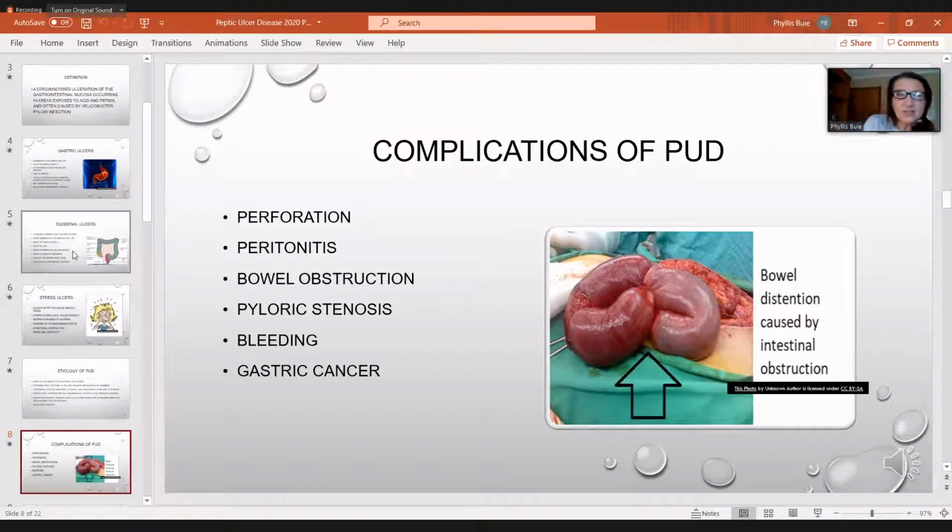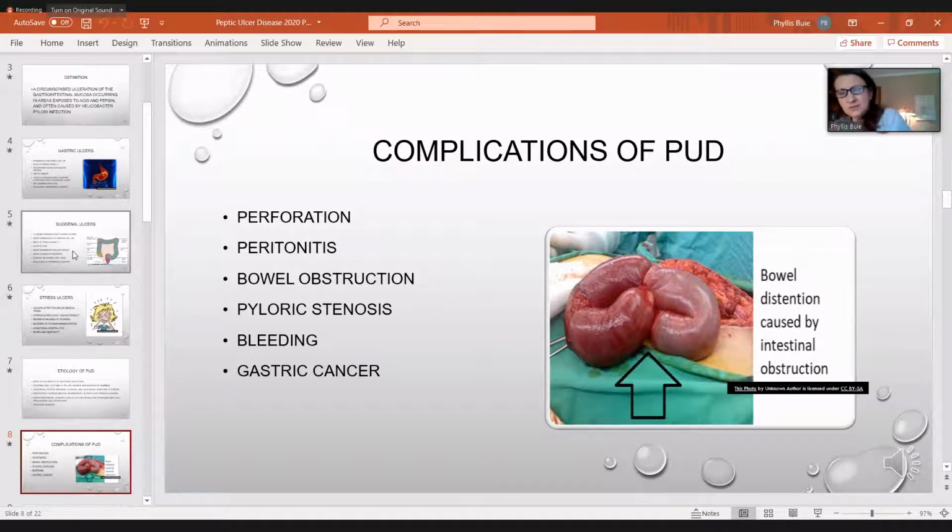Pyloric stenosis is another problem that occurs with these patients, and we'll talk a little bit more about that in our next PowerPoint. Pyloric stenosis is a condition where you have the pyloric outlet at the bottom of the stomach, and that area becomes stenosed, which means it becomes much smaller, so food can't pass through like it should.